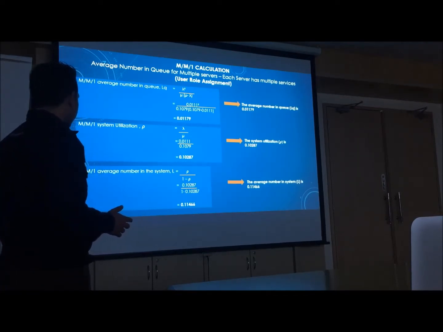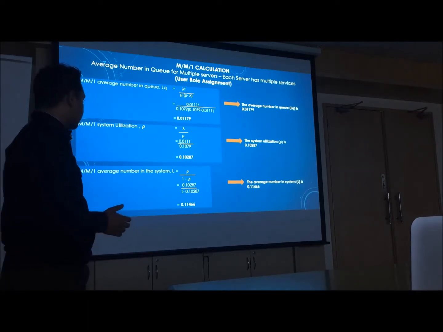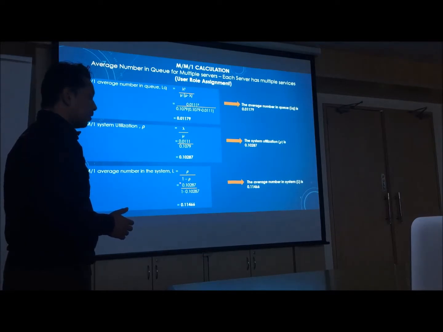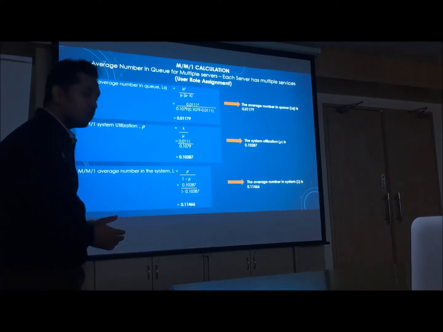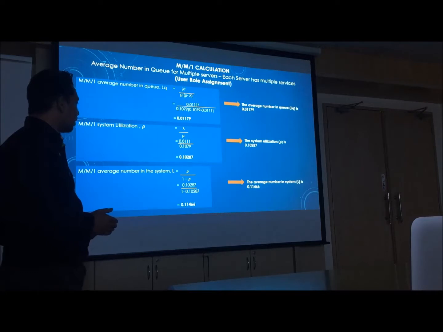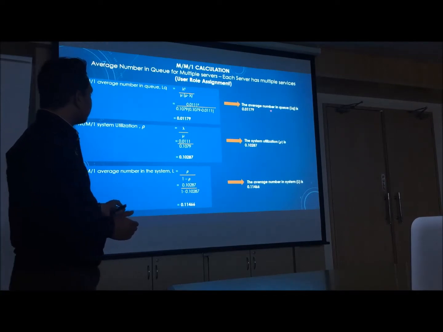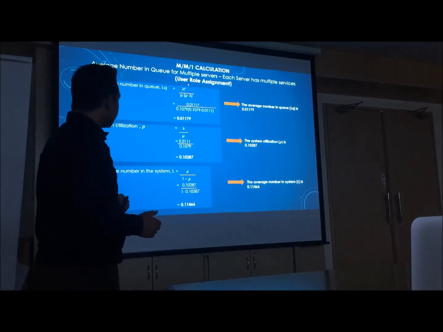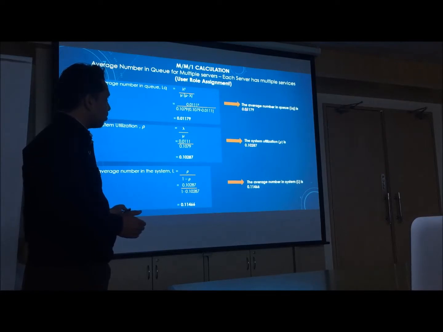Then we find the average number in the system, which is L equal to P divided by 1 minus P, equal to 0.10287 divided by 1 minus 0.10287. So the value is here. So this means that the average number in queue for the user role assignment is 0.01.